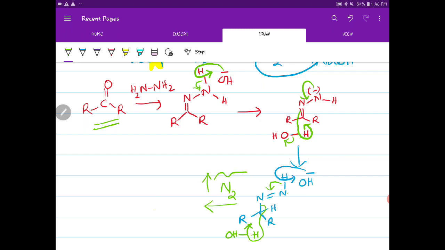Along with that there will be the formation of an alkyl anion, and immediately it will absorb a proton from a water molecule. You know that an alkyl anion is highly basic. This is how the carbonyl group is reduced to an alkyl group through hydrazine hydrate and concentrated basic solution.